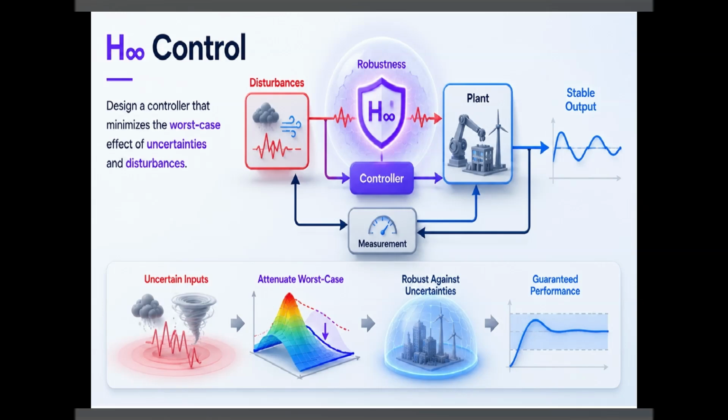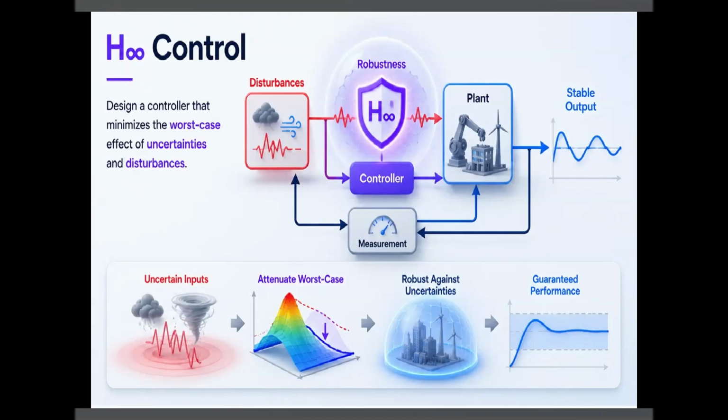Up to this point, we've assumed that our mathematical model accurately represents the real system, but in practice, that's rarely the case. Real systems are constantly affected by uncertainty. Sensors introduce noise, external disturbances influence the dynamics, physical parameters change over time, and no mathematical model is ever perfectly accurate.